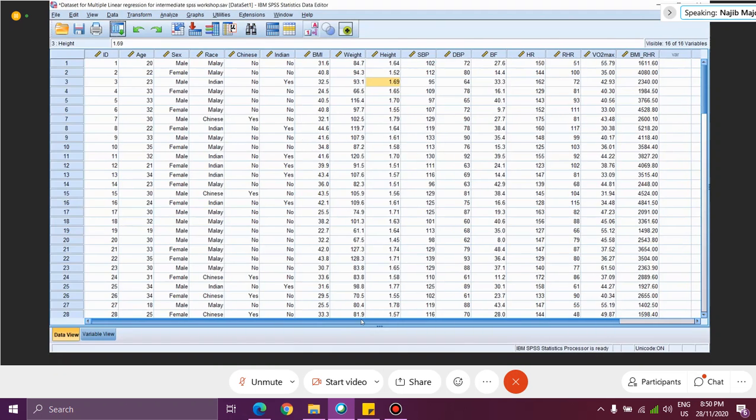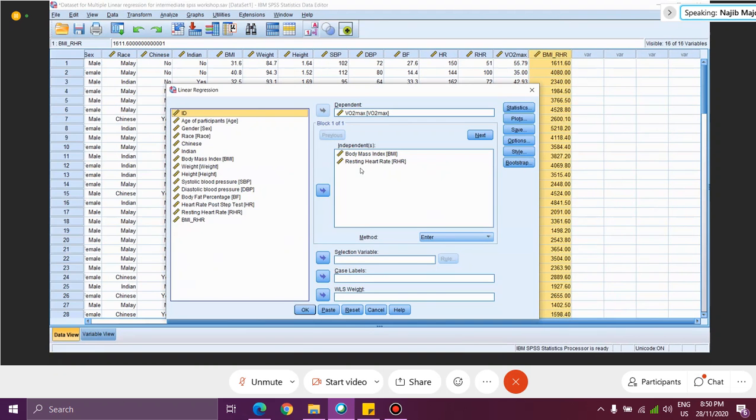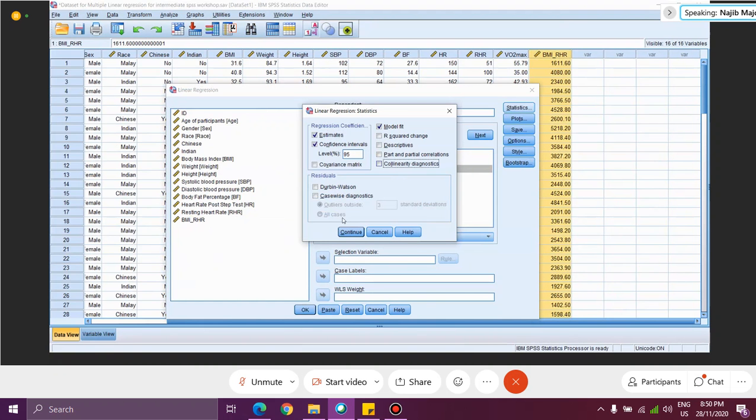Okay, so now one additional variable will be generated, which is the interaction term. So what we need to do is to perform linear regression analysis and add the interaction term to our model. Okay, we remove the collinearity diagnostics.